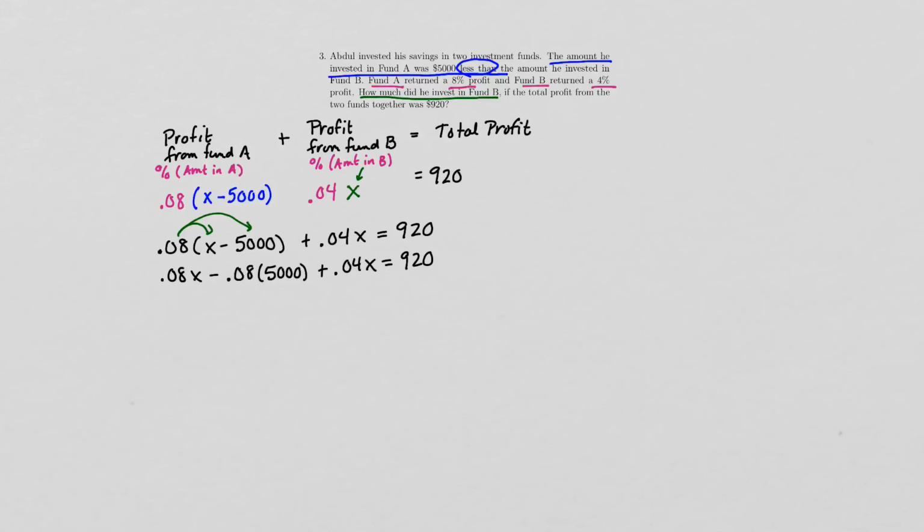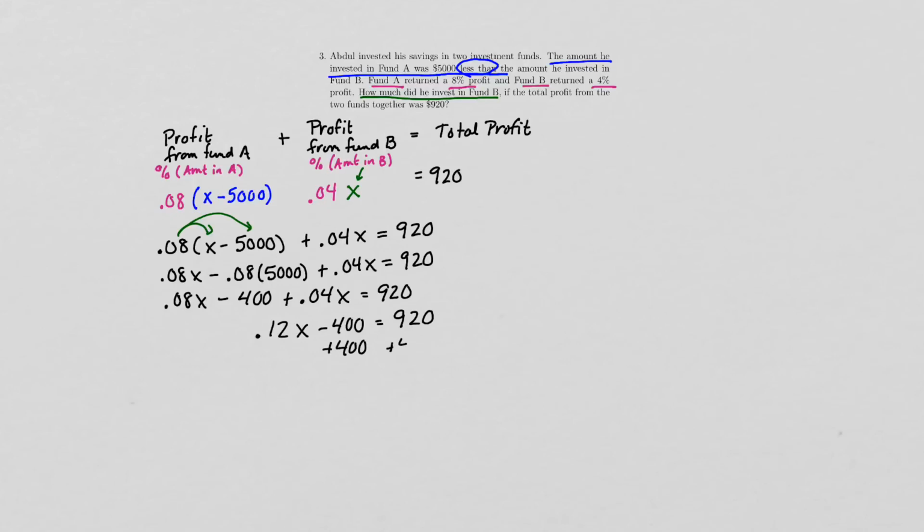I need to multiply that 0.08 times 5,000. So that's 400. So 0.08X minus 400 plus 0.04X equals 920. If I add the 0.08 and the 0.04 together, we get 0.12x minus 400 equals 920.